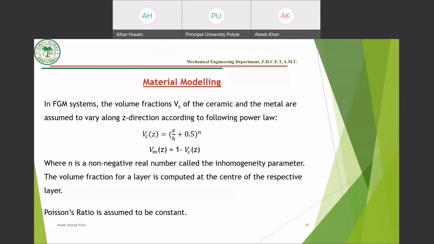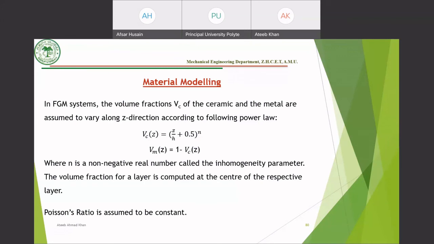As I told you, generally we use ceramic and metal to form the functionally graded material, and I have also used ceramic and metal to perform the analysis. So we will call Vc the volume fraction of the ceramic, and Vm the volume fraction of metal, which is varying along the Z direction.